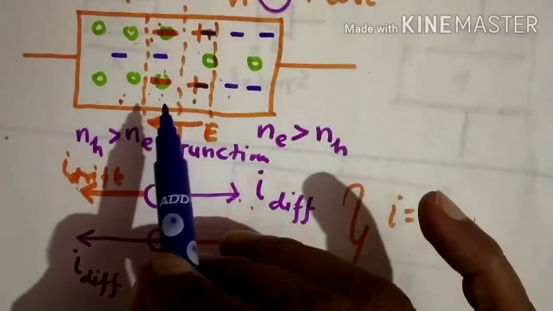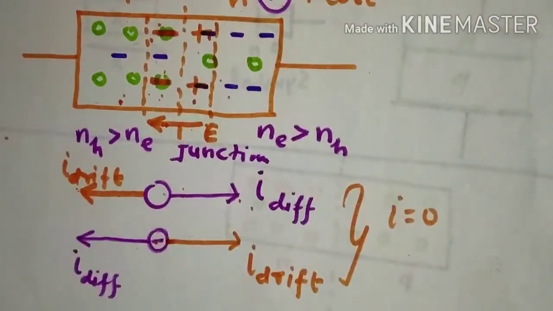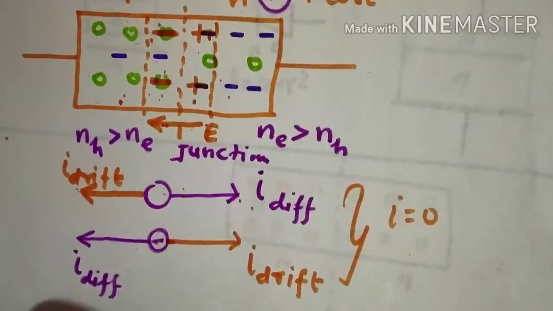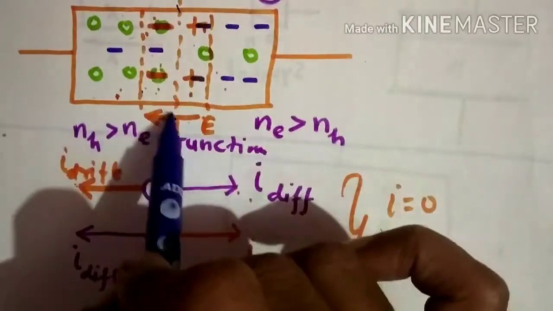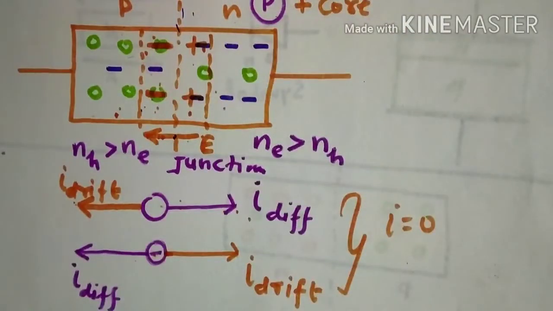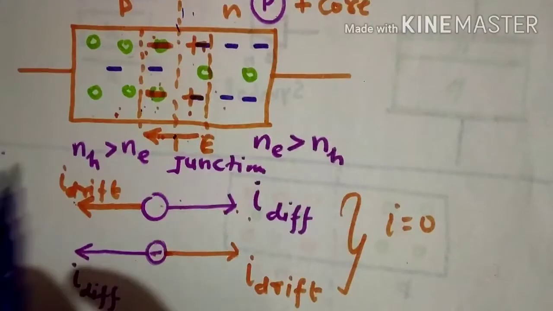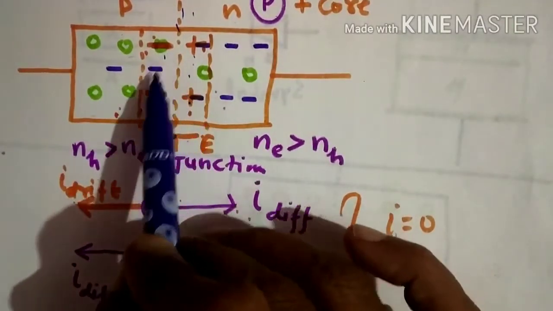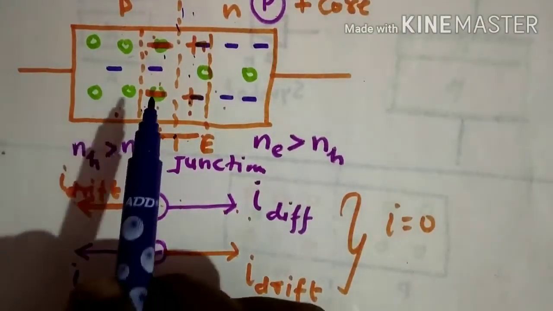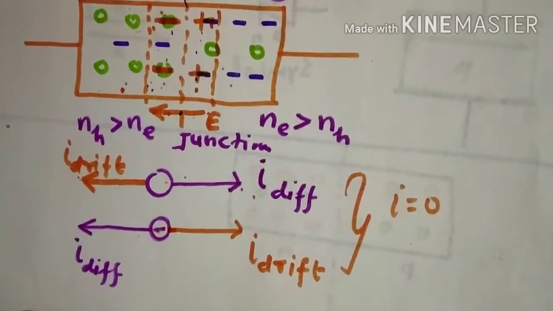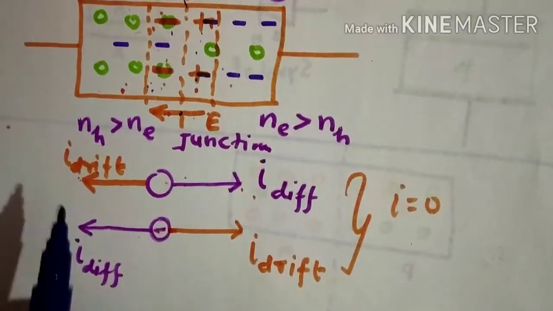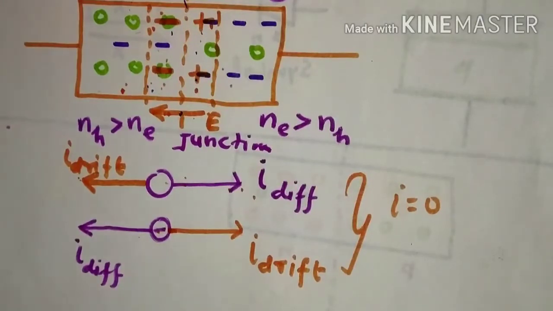So how will you write about the depletion layer? In very simple language, you write: the depletion layer is the region across the junction of the diode, due to the accumulation of immobile charges, which stops the further diffusion and drift of current carriers. So that's simple.